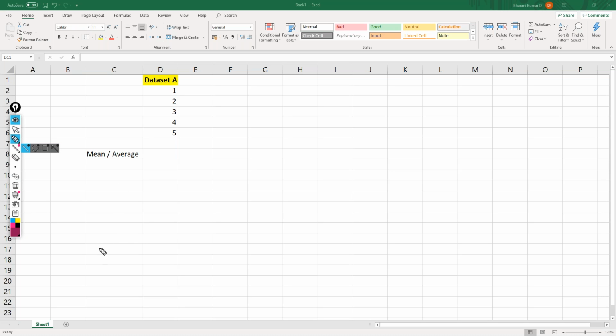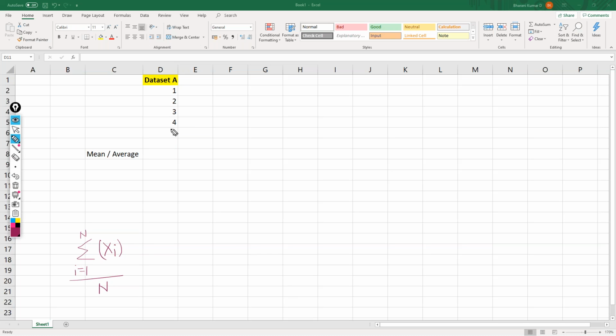How do you calculate? It's pretty simple. You say summation of i equal to 1 until n xi divided by n. You might ask me this question, what is this capital Xi?